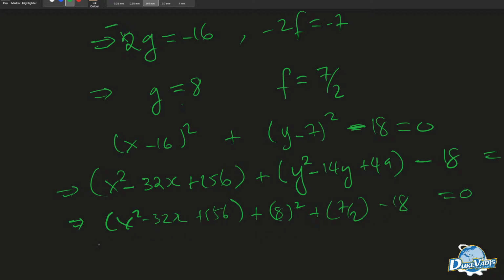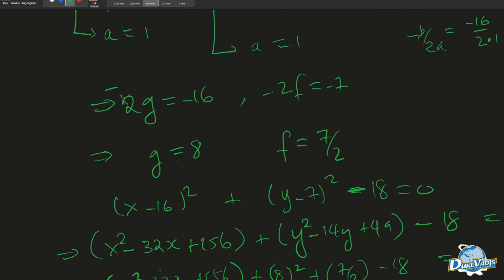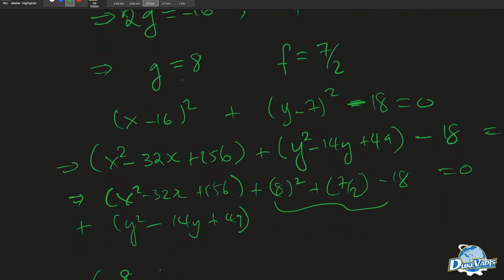Then we had y squared minus 14y plus 49. So this straightforwardly gives us the radius of the equation. Have you seen that? Our center will be 8, and this will be 7 over 2.